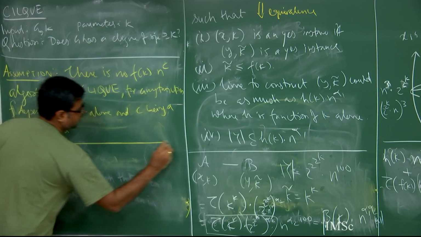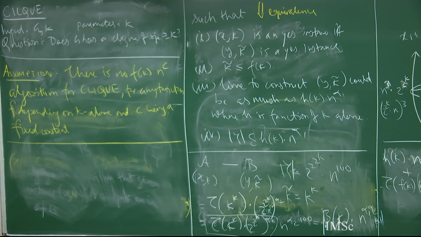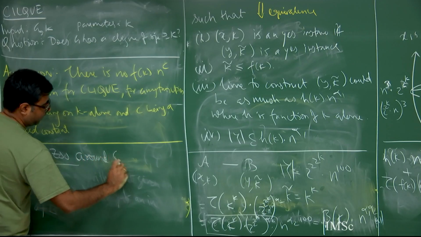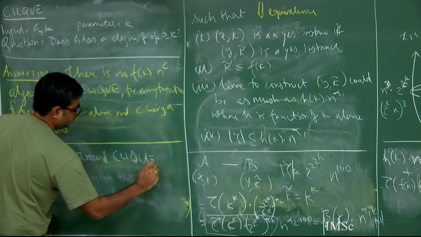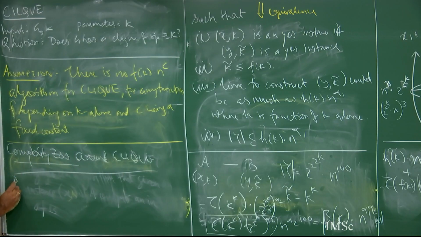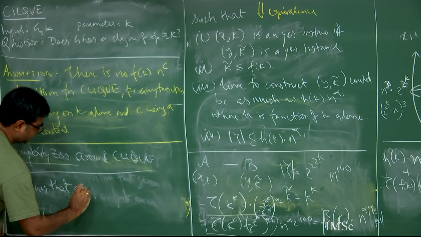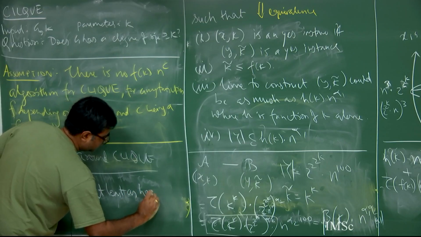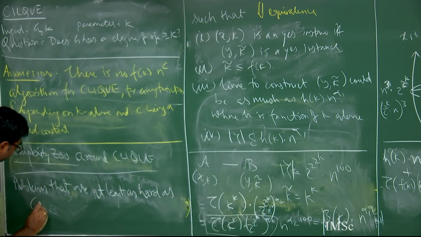So that's my assumption, right? What I want to do is make a complexity zoo around clique, or I want to find problems that are at least as hard as clique.